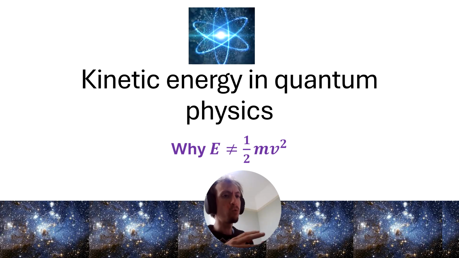So the video will start by talking about how we arrive at an equation often written in the form E equals a half mv squared for a classical particle, and then how that derivation or that sequence of logic can't be applied to quantum particles.